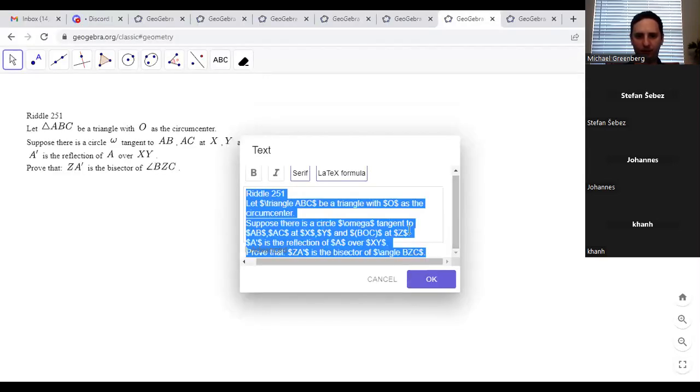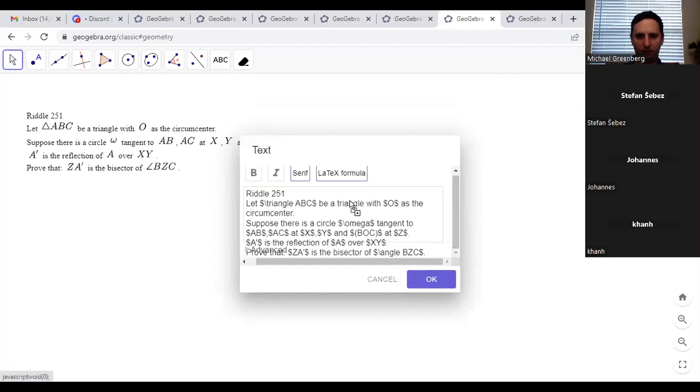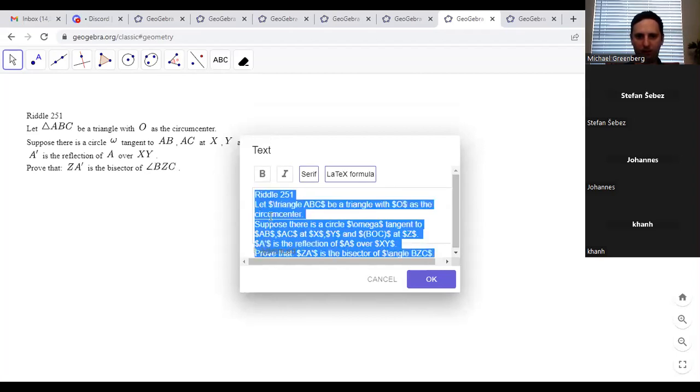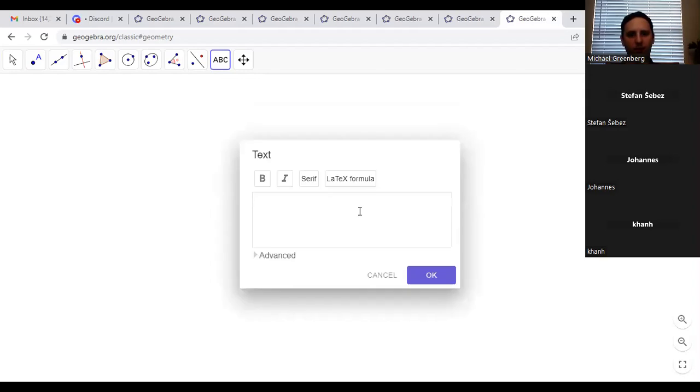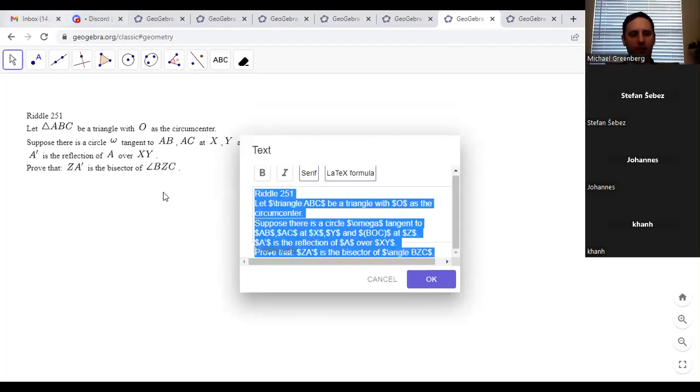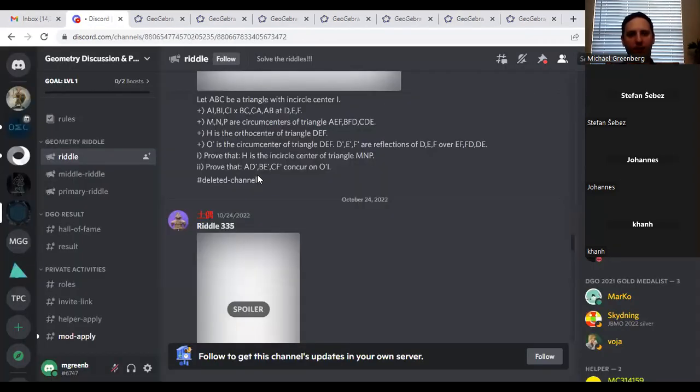Copy. I don't know if it's actually copying this or not. Otherwise, I could go to the Discord and just copy it from there. Let's try it. Yeah, it won't let me do it. Okay, it's riddle 251. I'll have to scroll back a little bit.